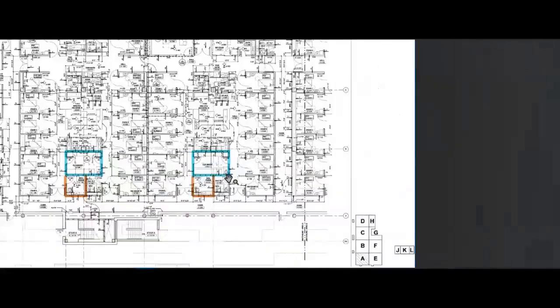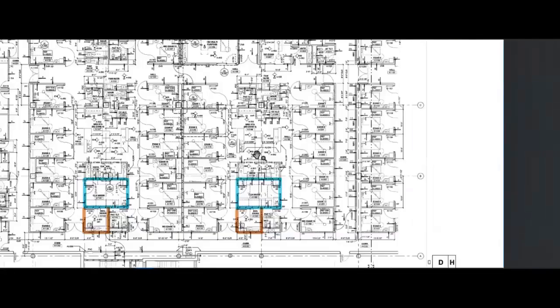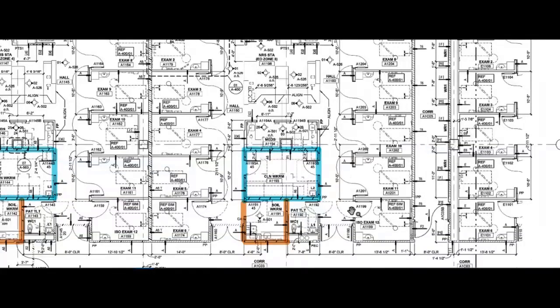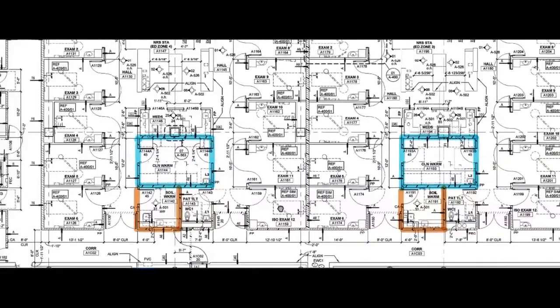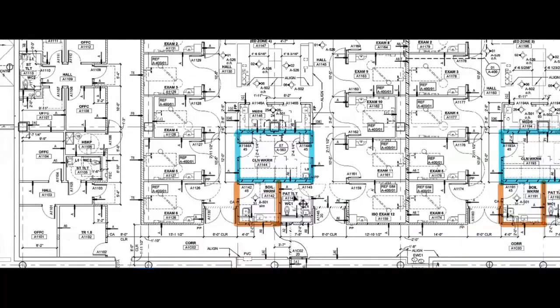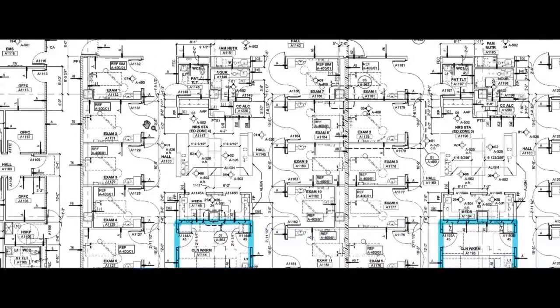I have highlighted it. I want to zoom out so that you can get a little bit of a feel for where it is in the building. There's exam rooms. This is near the emergency department. So the patients will be just coming into the hospital. They'll get their exam to figure out where they need to go. And the clean workrooms serve this care area.